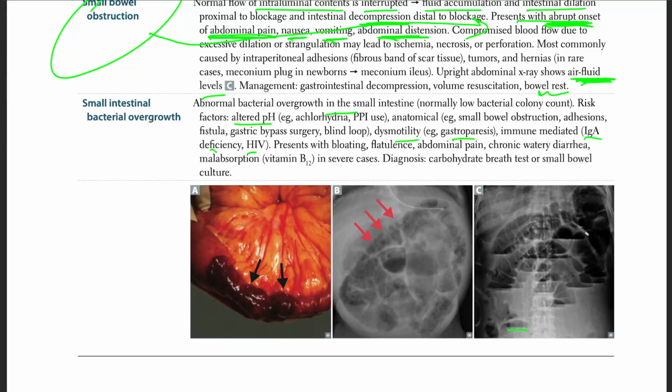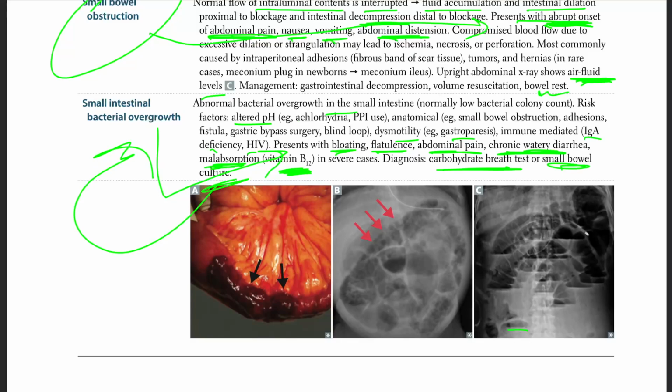Now, if you have an overgrowth, you are going to present with bloating, flatulence, abdominal pain, chronic watery diarrhea, malabsorption, in which you would be looking at vitamin B12 in severe cases. Diagnosis is by carbohydrate breath test or small bowel culture. When you do a small bowel culture, you can see, oh wow, there's so much growth. Why did they grow?